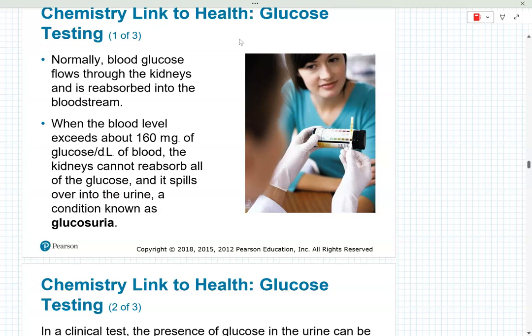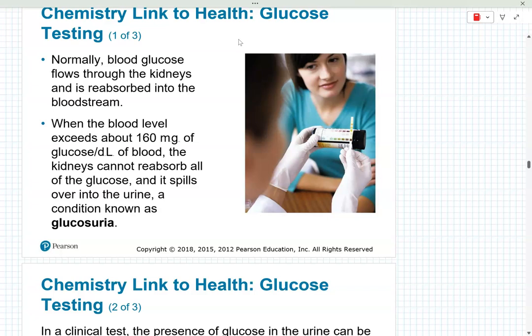So, blood glucose testing. Normally, when we eat sugar, or glucose, and the glucose ends up in the blood, it is filtered in the kidneys, but then kidneys completely reabsorb it. Okay?